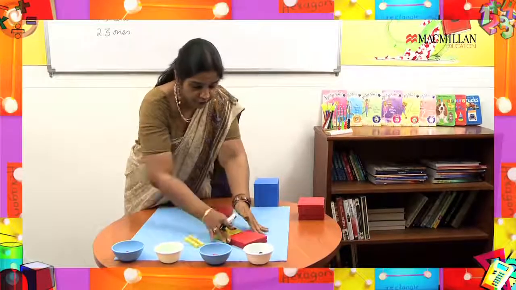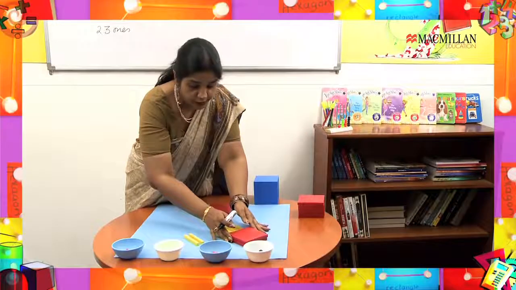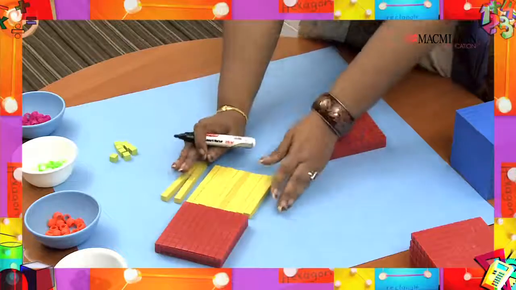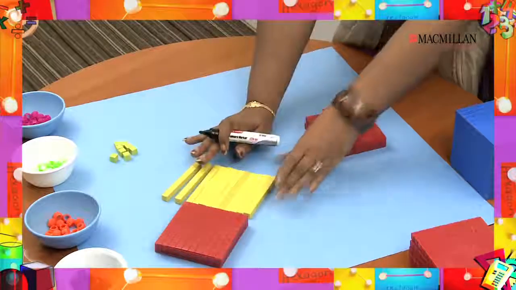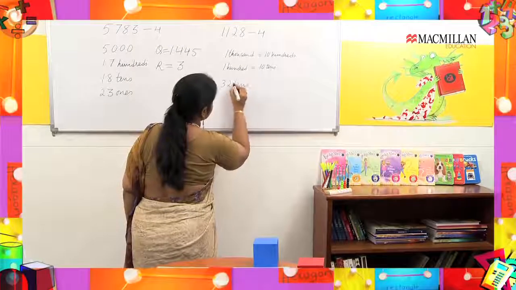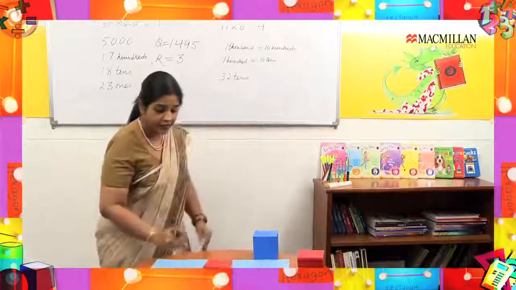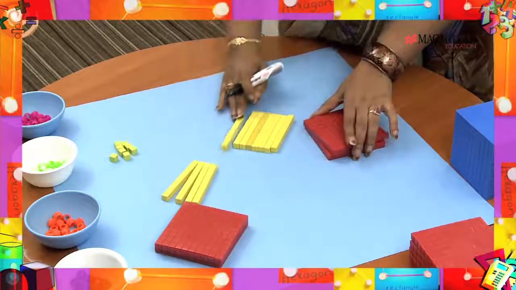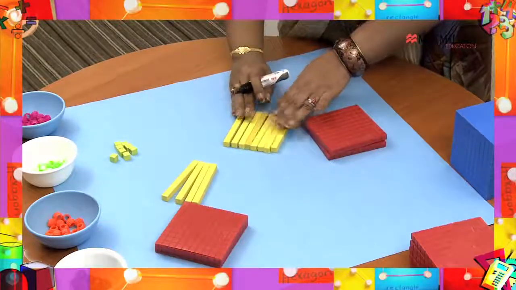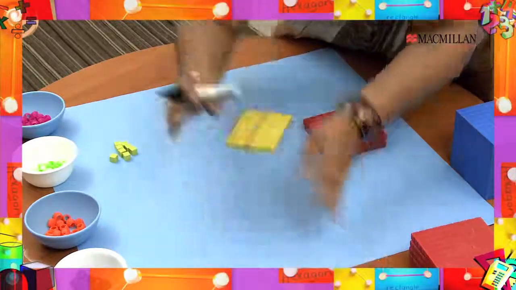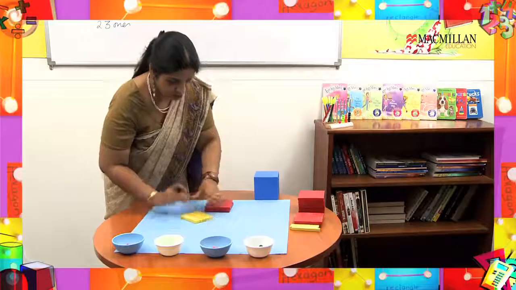I have with me 2 hundreds, which can become 20 tens, 30 and 32 tens. Now when I divide 32 tens by 4, I will get quotient as 8 tens. Why? Because 4 8s are 32. So my quotient is 8 tens and remainder is 0.